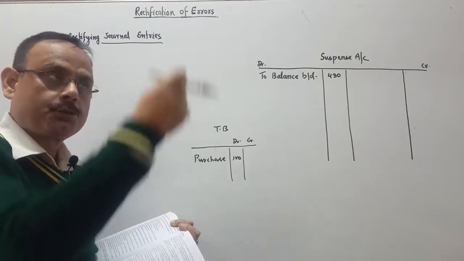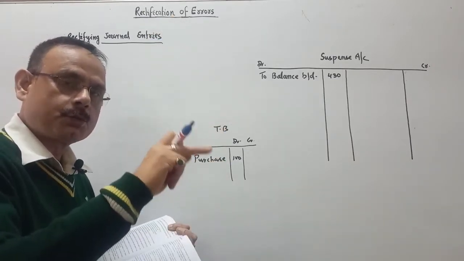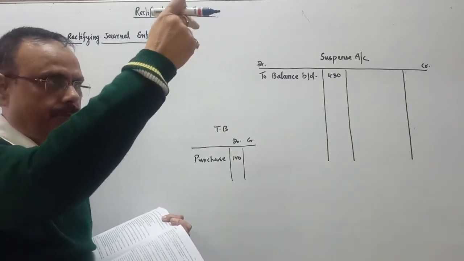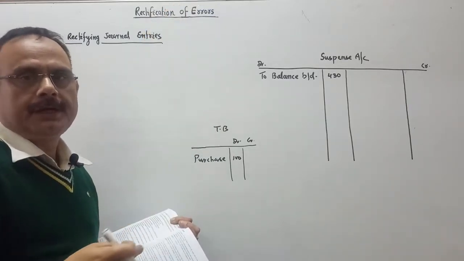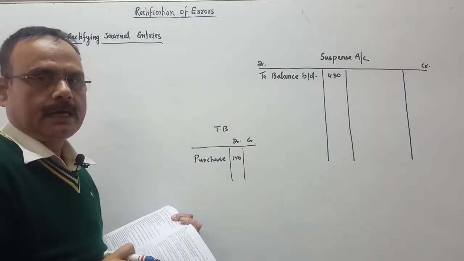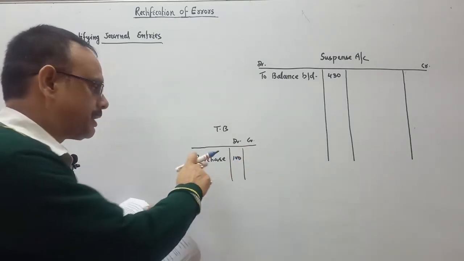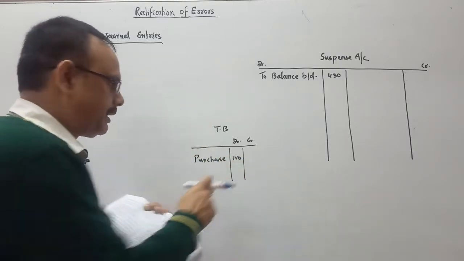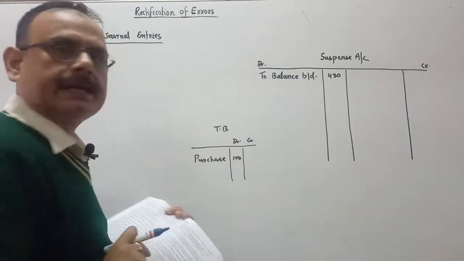Total of the purchase book was overcast by rupees 100. While adding the figures, the total exceeded by 100. And purchase account has a debit balance. So debit side of the trial balance is 100 rupees more.